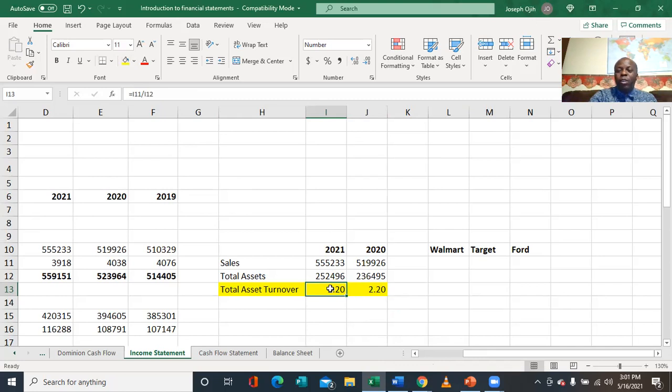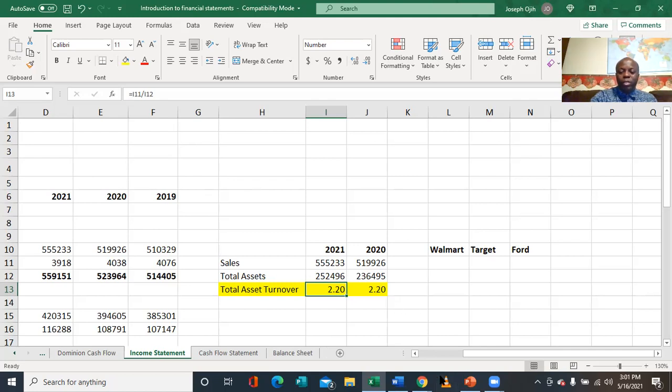So if Walmart has $1 million in assets, it is generating $2,200,000 in sales. Of course, we know that Walmart has more than that. So if Walmart has $1 billion in assets, that means it is generating $2.2 billion in sales. It is using that asset to generate sales.